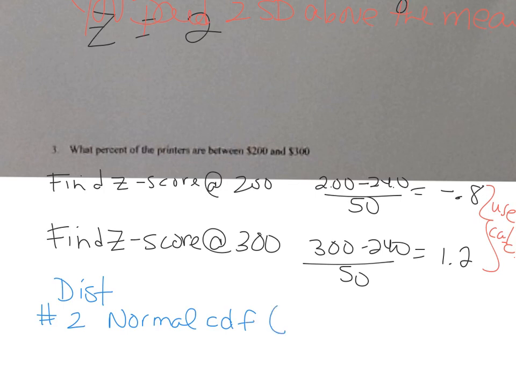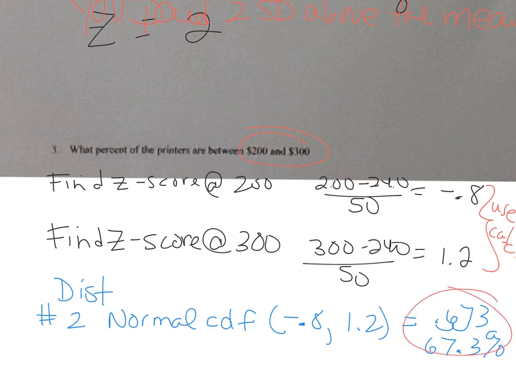Okay, and then it gives you parentheses, and you're going to put in your smallest number first, your lowest number, which is negative 0.8, and then your upper number, which is 1.2. Your mu and your standard deviation, you can just bypass because that's 0 and 1. Okay, and then you hit enter, and you get 0.673. So you change that to a percent, which is approximately 67.3%. Okay, and then tomorrow in class, I'll show you how to use just these 2 numbers to check to make sure this is correct.